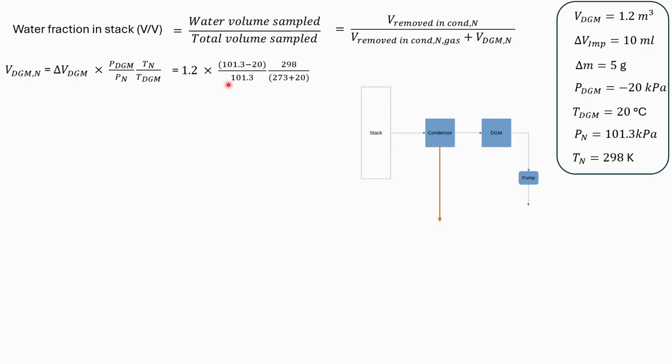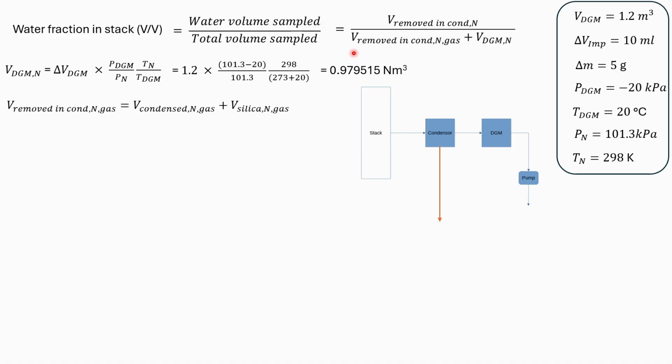We are normalizing to 101.3 and we are then normalizing the temperature, that is at 20 degrees Celsius, taking it to Kelvin by adding the 273 there, and 298 Kelvin, which is 25 degrees Celsius, is what we are normalizing to. That gives us a normalized dry gas meter volume sampled.